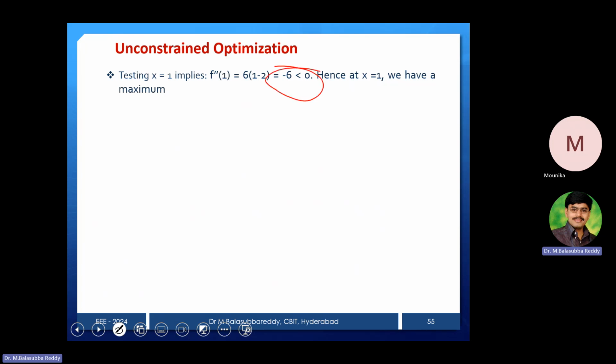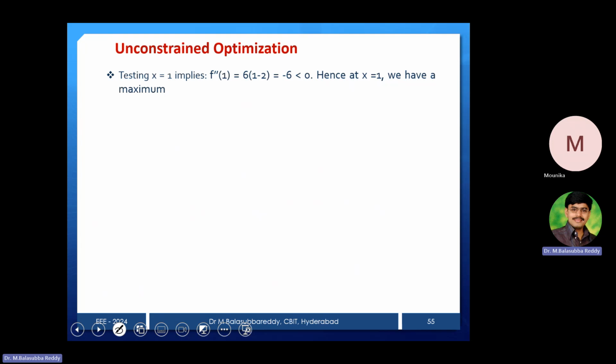As I mentioned in our previous slide, if f double dash of x star is less than 0, then I can say it is a maximum, or if f double dash of x star is greater than 0, I call it a minimum. In that aspect, we can easily find whether there is a minimization problem or a maximization problem.